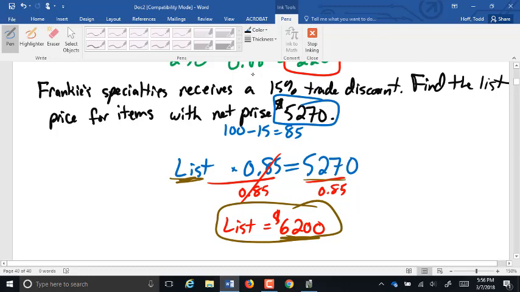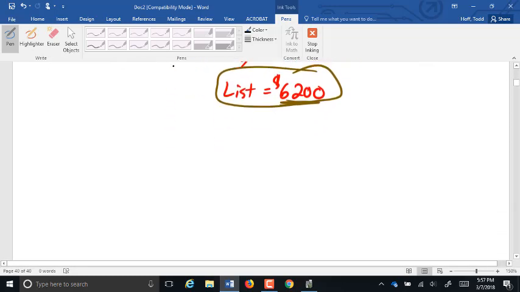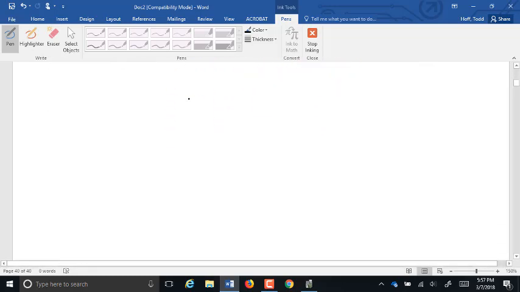Well, quite often, we have things arise where there's more than one trade discount that comes into play. For example, a lot of times what will happen is your sales might earn you a discount.